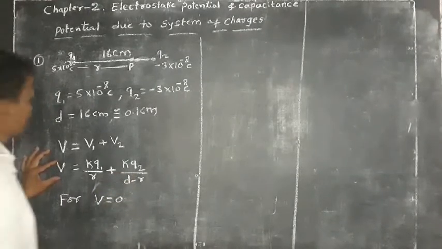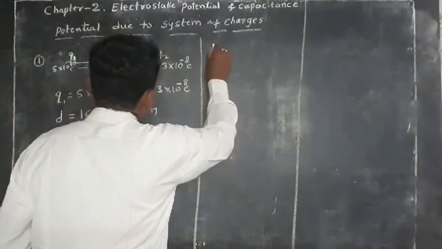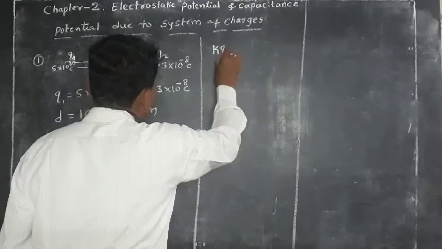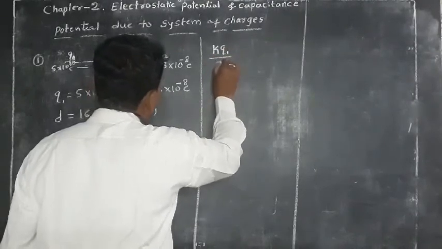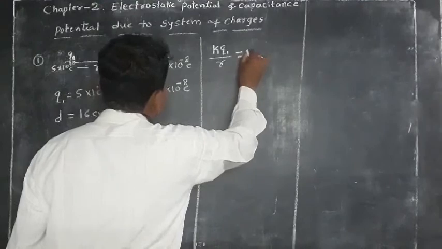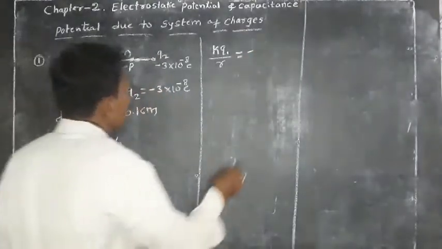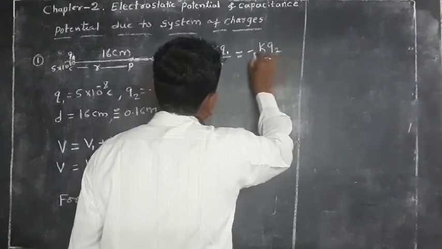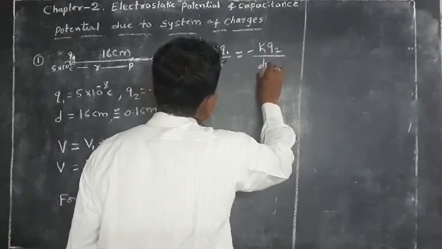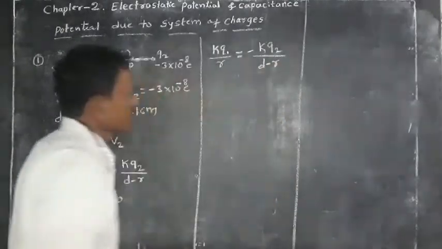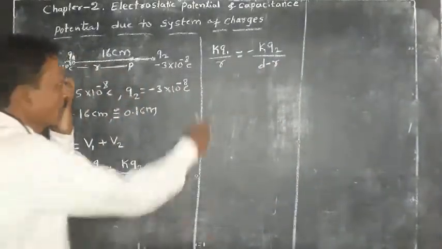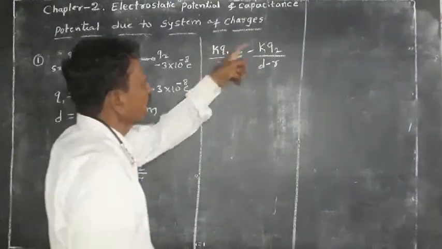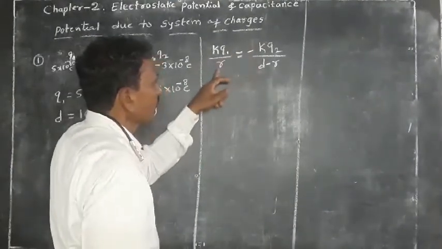It can be written as, for P equal to 0, k q1 upon r is equal to minus, on this side, k q2 upon d minus r. Here k and k get cancelled. Remaining q1 upon r.